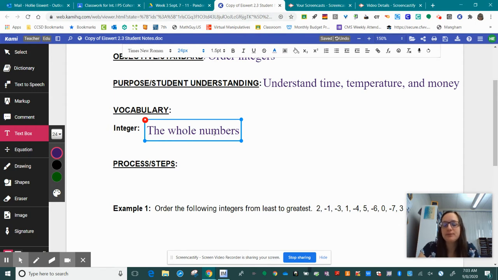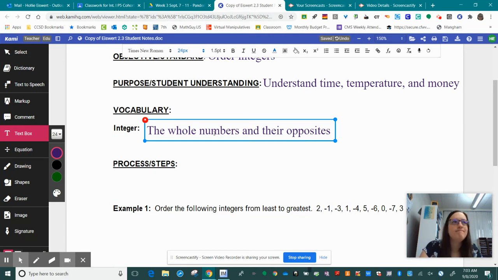That's not a whole number. You get the idea. And their opposites. That would be like negative numbers. So it'd be like -1, -2, -3, -4. Not -4.5. That's not a whole number. And 0. 0 is neither positive nor negative, but it is still part of the integers. So pretty much integers are numbers on a number line.